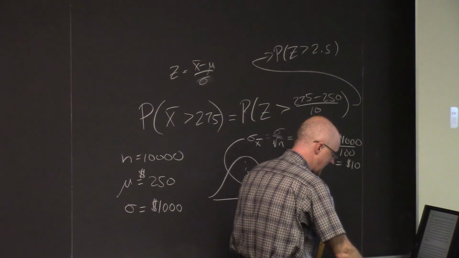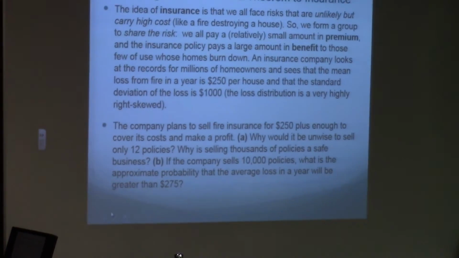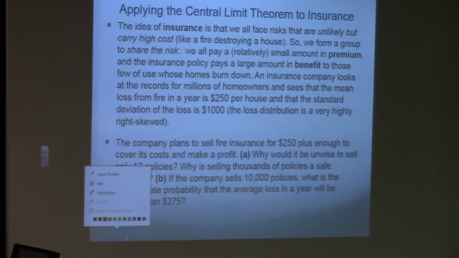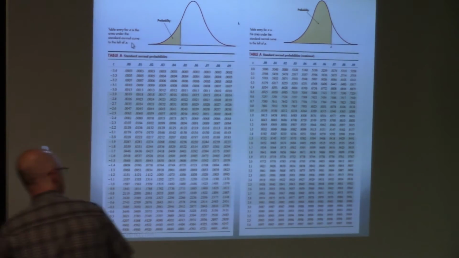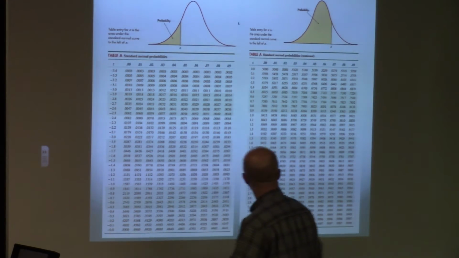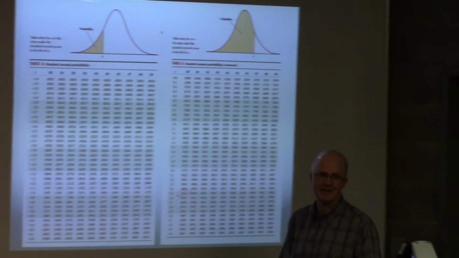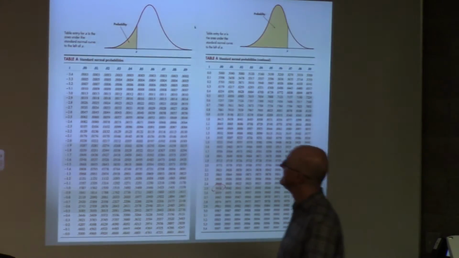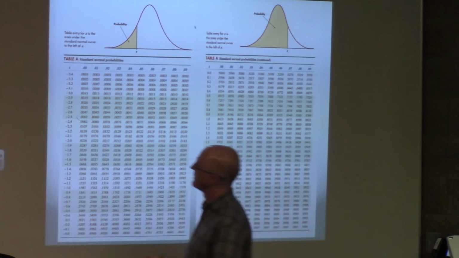Go to table A. I always pressed the wrong thing. Take 1 minus this number, or because of symmetry, I hope you realize you can also look at the negative 2.5. 1 minus that number is going to be this number, 0.0062.